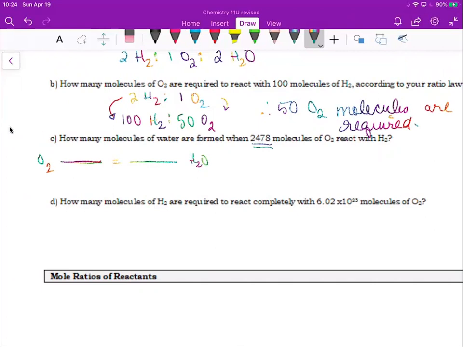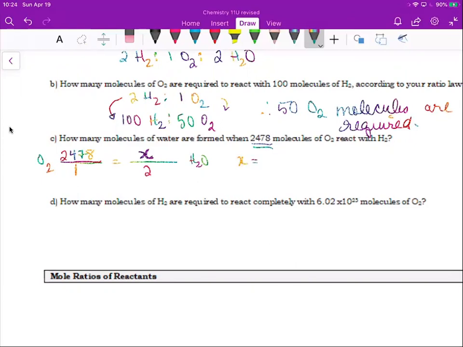I'm always going to make my X be on the numerator just because it's easier. So I'm trying to find out how many molecules of water are produced when you have 2,478 molecules of oxygen reacting. And the ratio is that for every 1 oxygen reacted, you have 2 molecules of water being produced.